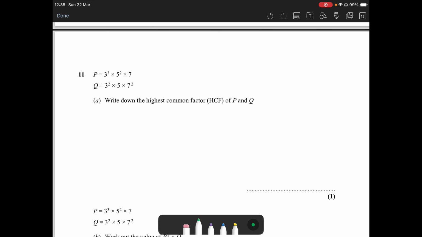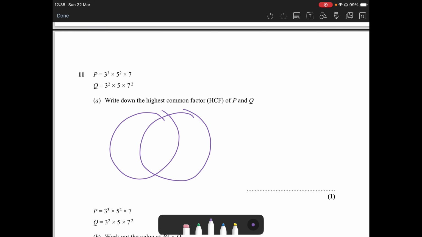The HCF, right, well, let's do a Venn diagram. So in P and Q, all the numbers that are common, put in P. So they'll have two, think of this as 3 times 3 times 3. So the 3 squared cancels out 2 of the 3's above.